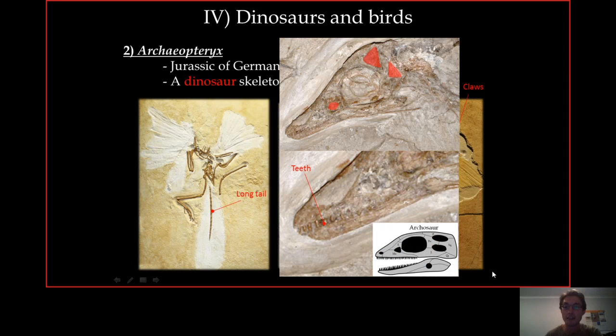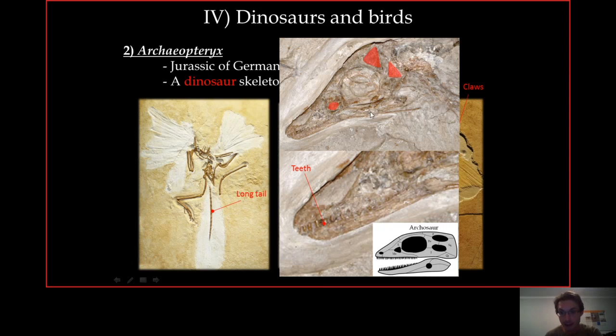And the skull is the archosaur type. So it's completely the same skull as that of a crocodile, with the orbit here. Behind the orbit, you have two temporal fenestrae, like a diapsid, and in front, you have an antorbital fenestra, like a crocodile.